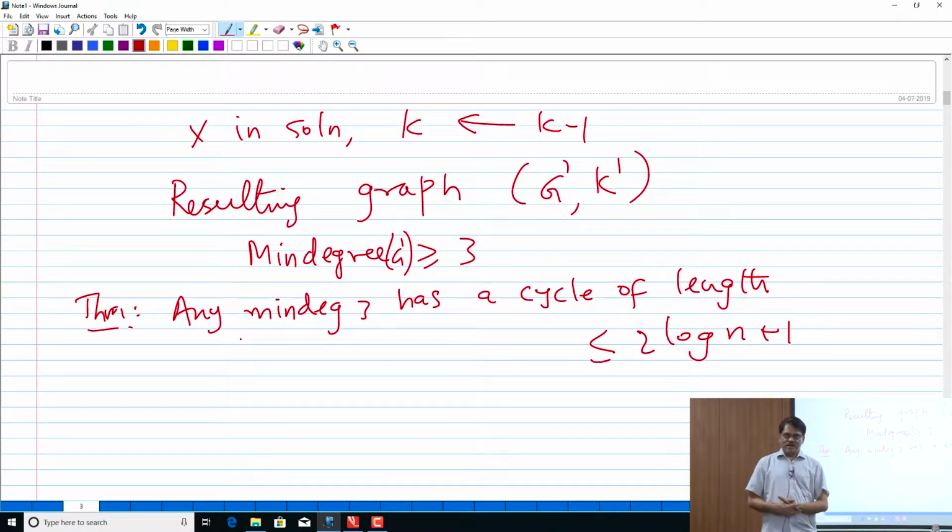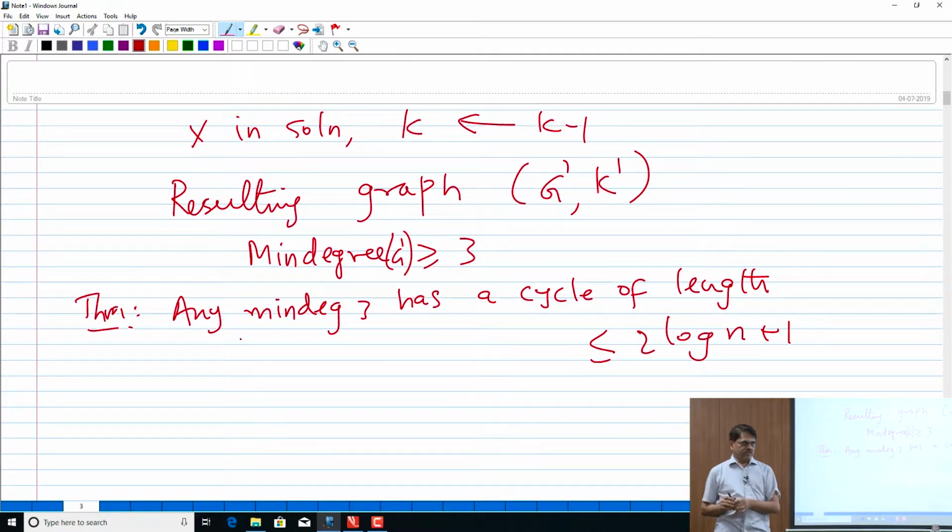So this is, because remember our goal was to get short cycles, right? Because if you have a short cycle and if you can find it fast, then you can branch on it and you get a reasonable FPT algorithm. That was the goal, and having a long cycle of length n or root n was bad for me. So now this theorem guarantees that if you ensure that your graph has minimum degree 3, then there is a short cycle and you can find it fast.